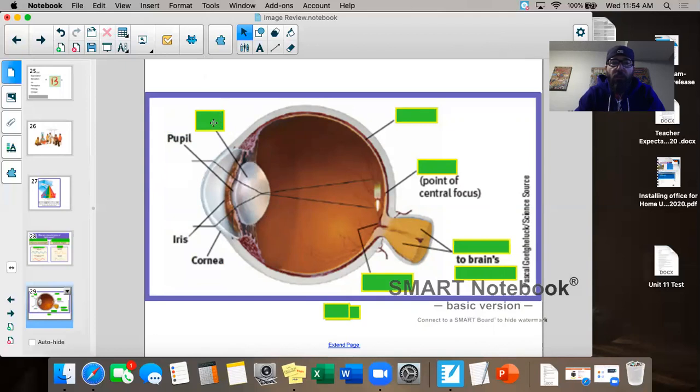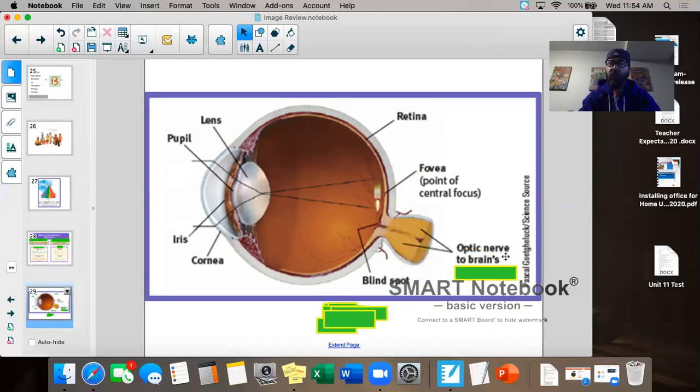That thing right there that we drew as a racetrack. Lens. Back and around down here, I'm hoping you've got a retina. Best spot for vision, I just said it on a previous slide a minute ago. Fovea. That spot that can't see, easy enough. Blind spot. Going away from the eyeball is going to be an optic nerve.